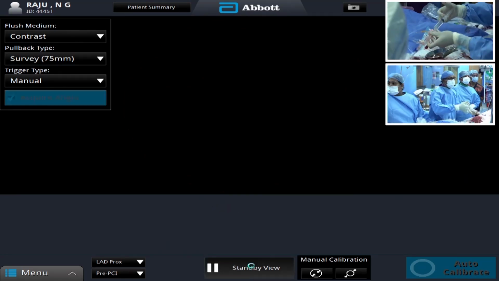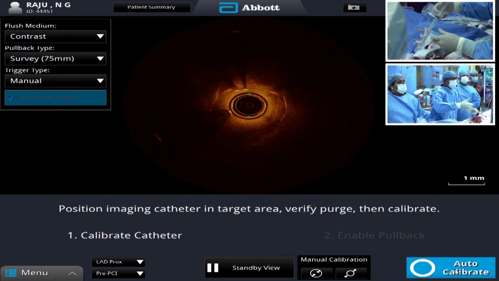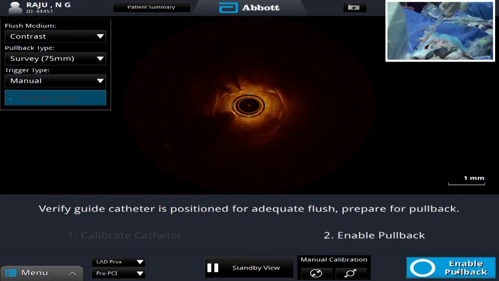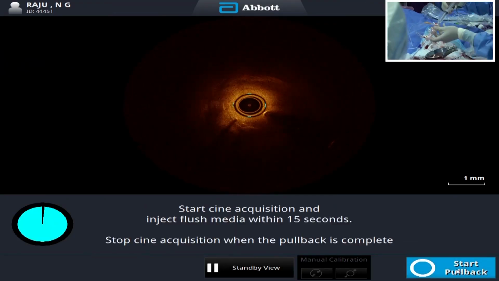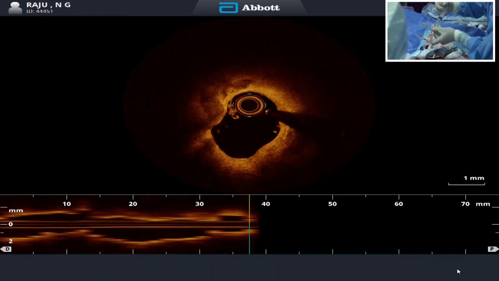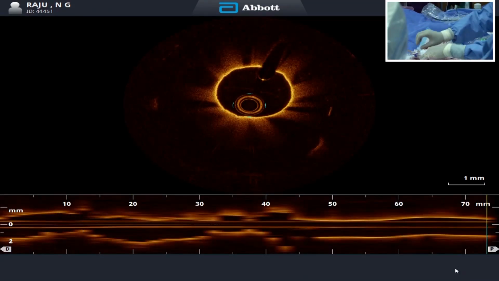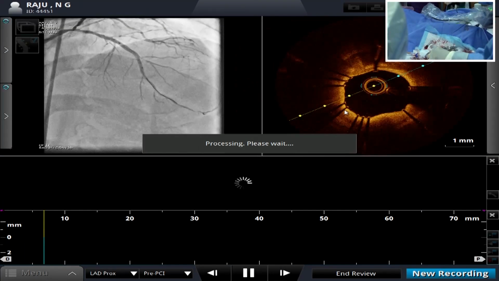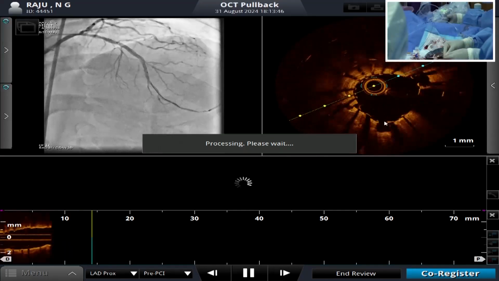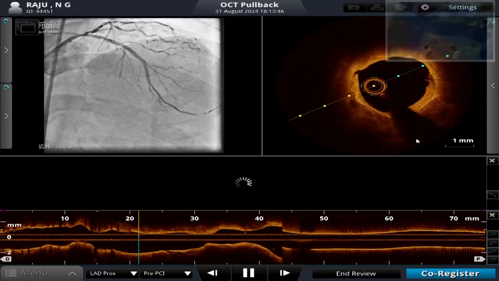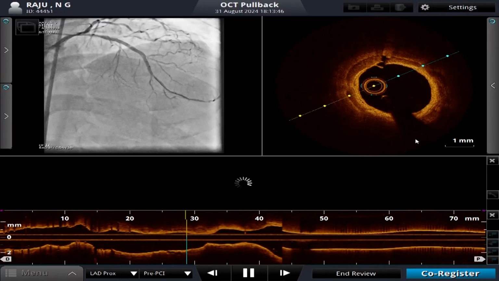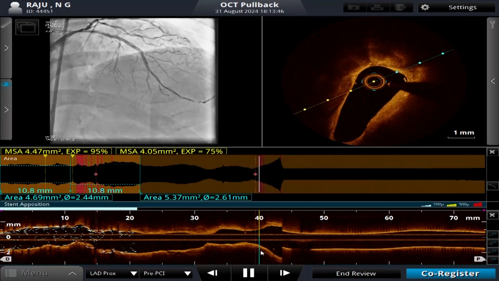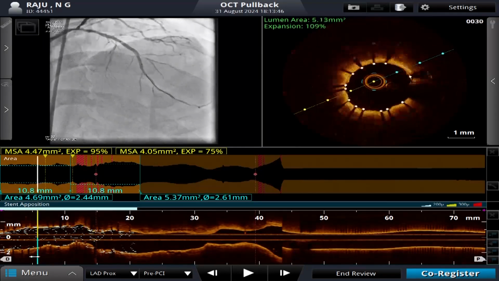Okay, we are ready. Yes. Pressures are okay. Yes. Activate. Keep a watch on the saturation also. Okay. Now give us another wire for the circumflex, and also a 7.5 glove.